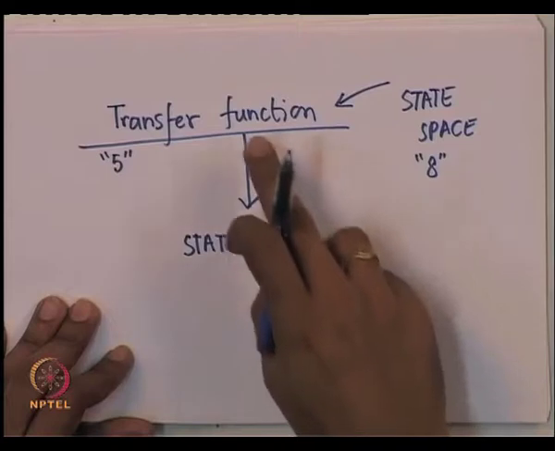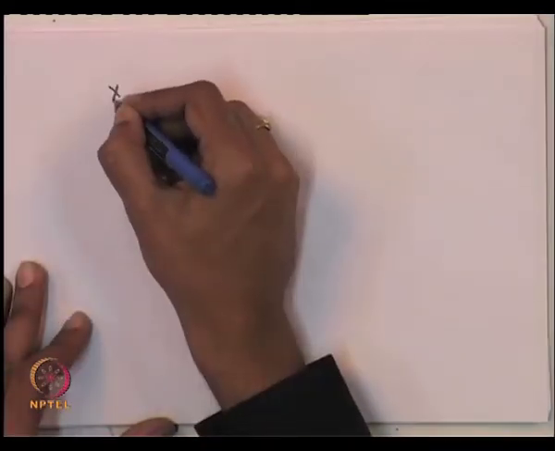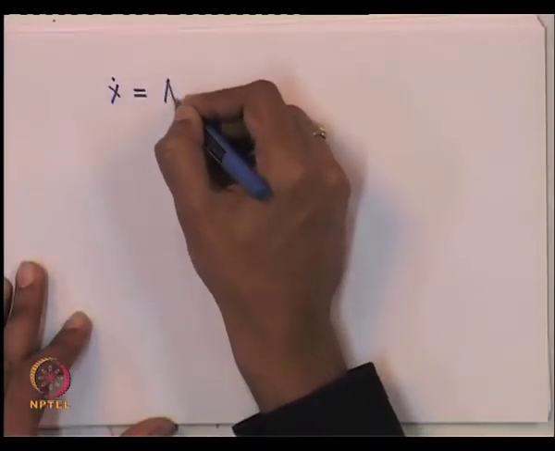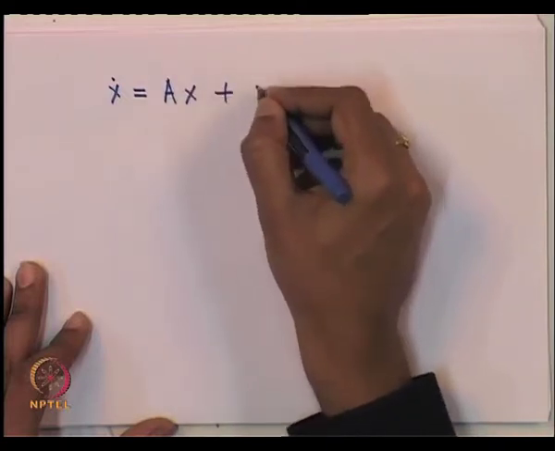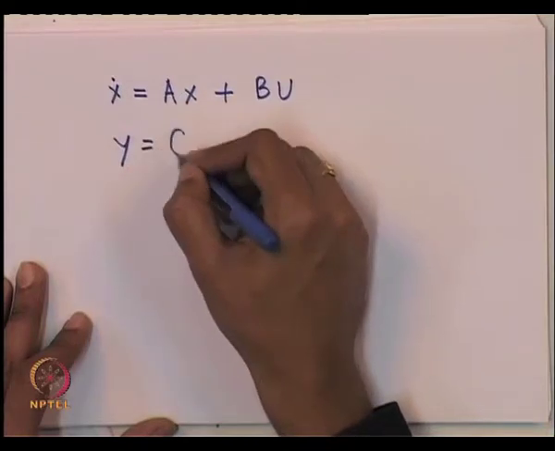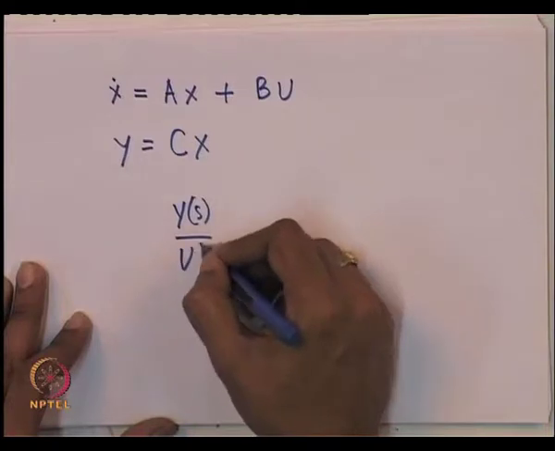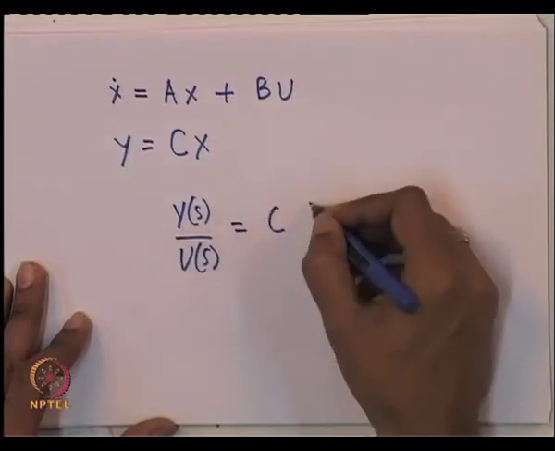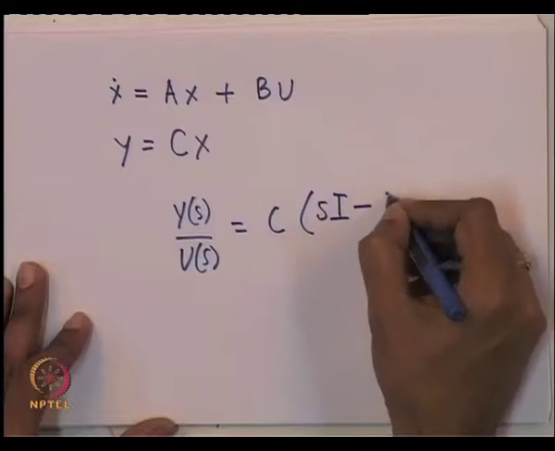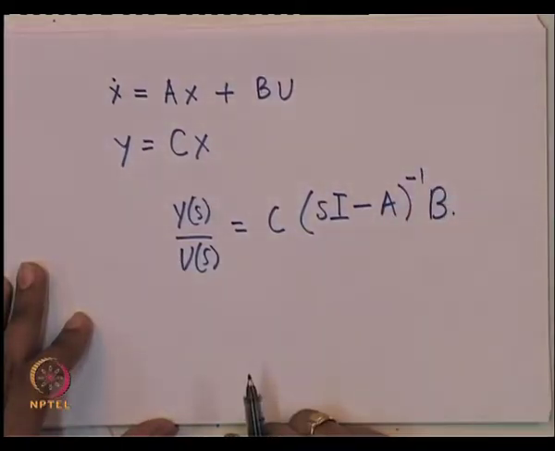Okay. So, the key to this is to remember that if you have got a state space representation of a system like this, the transfer function Y(s)/U(s) is nothing but C (sI - A)^-1 B. Okay.